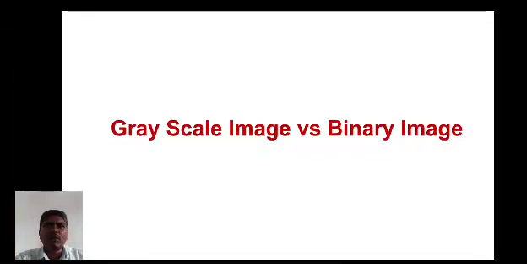Have you ever noticed that computers often convert colorful images into black and white or grayscale versions before processing them? The reason is simple. These image formats reduce the amount of data, making image processing faster and more efficient.